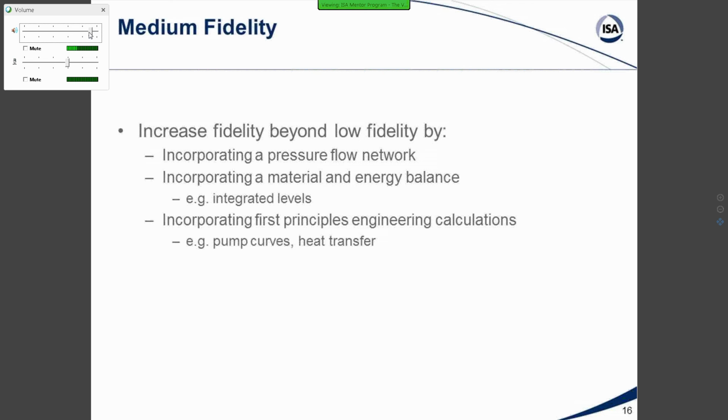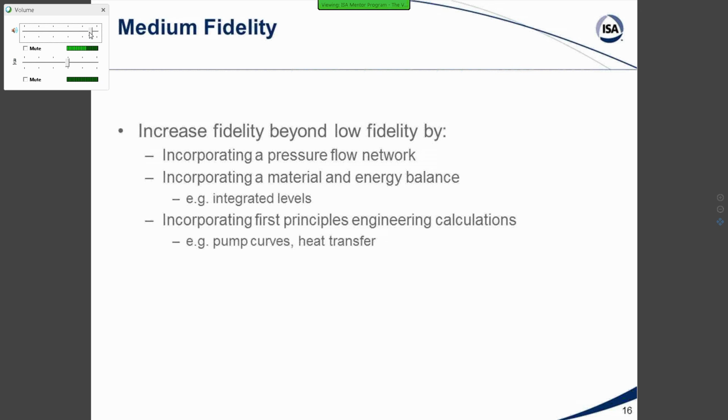We have a thermal mass in our system. All those pieces come into play through our first principles engineering calculations, and that may include having pump curves or simple heat transfer calculations. All these things start being implemented in the system to have a cohesive simulation.